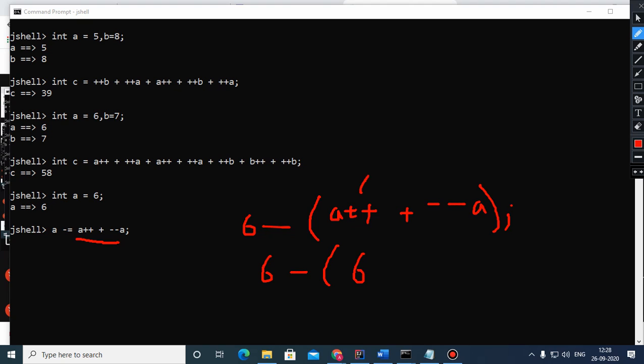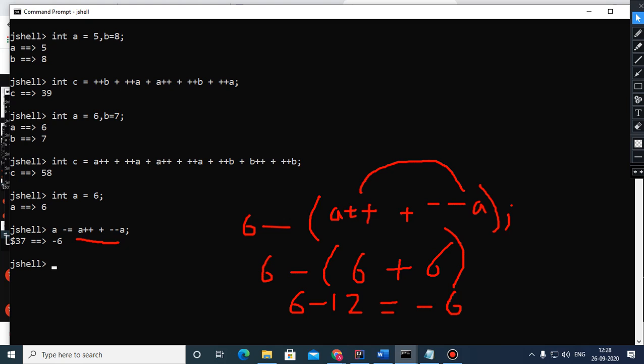When it transfers, it becomes 7, and when it reaches, it is 6 again. So 6 minus 12, and the answer is minus 6. The answer is minus 6.